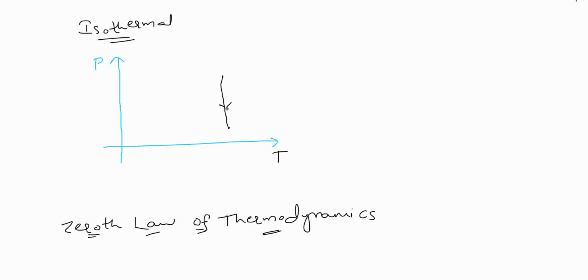So this is a constant state here. Assume that this is a straight line, even though my drawing is not fair. So it is happening at a constant temperature. This is a constant temperature process. So P comma V may change, but T is constant throughout the process. So that's basically the isothermal process.